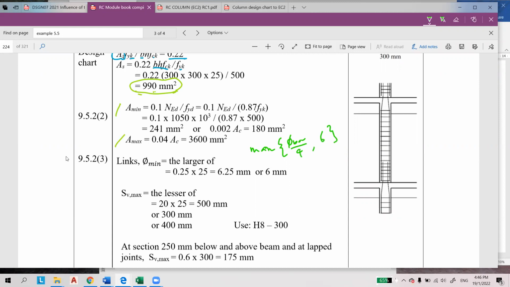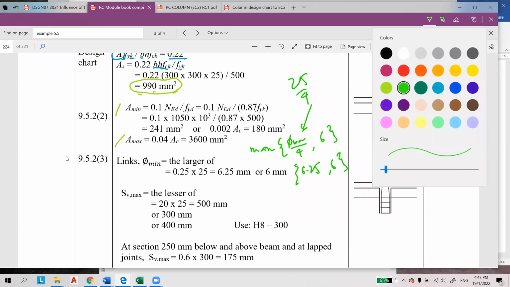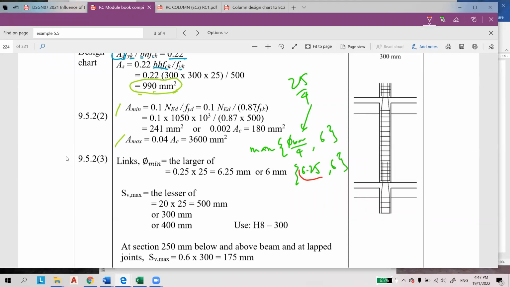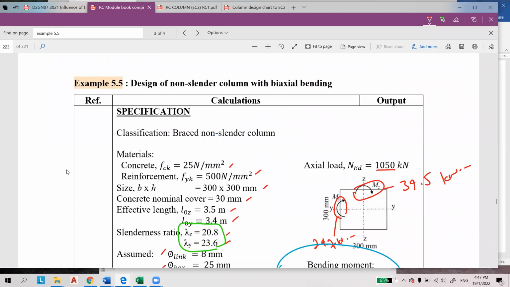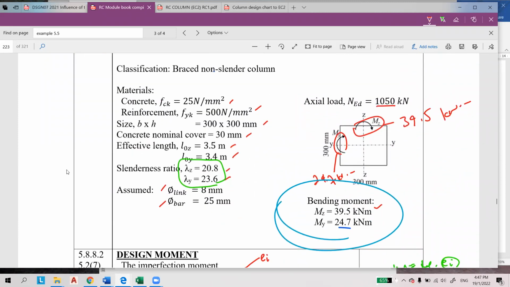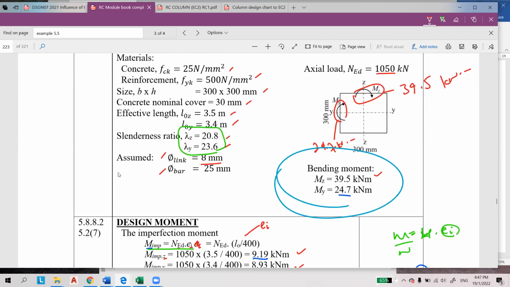You can refer to our previous video. So 25 divided by 4 is 6.25, and then 6. So the diameter of link must be larger than 6.25. As proposed in the design detail, we propose 8 mm diameter.